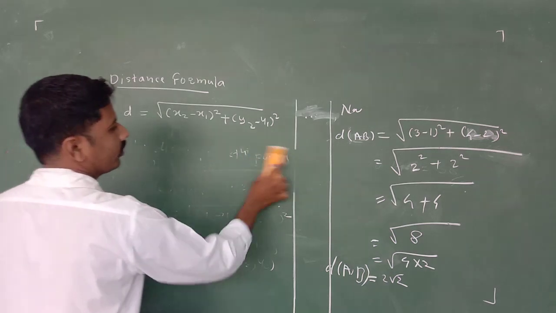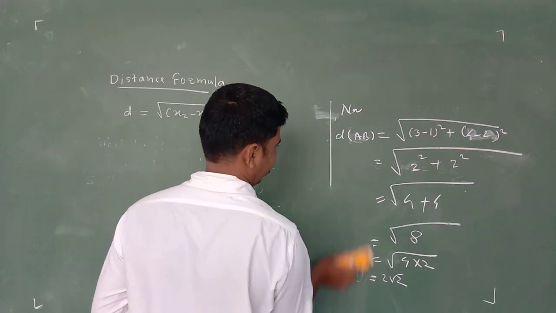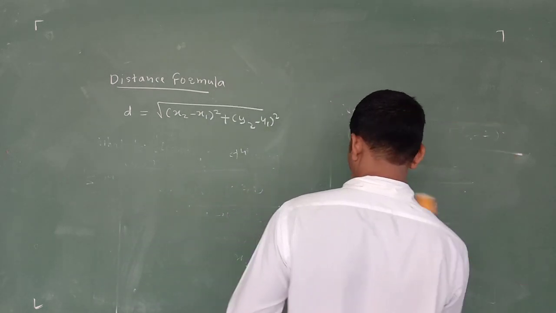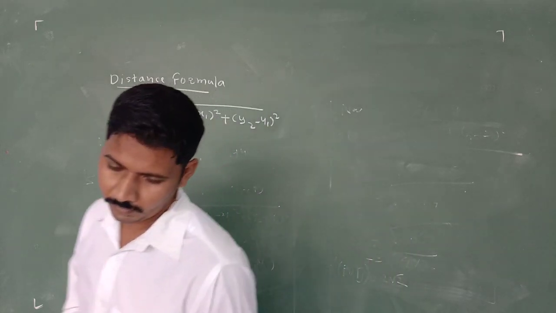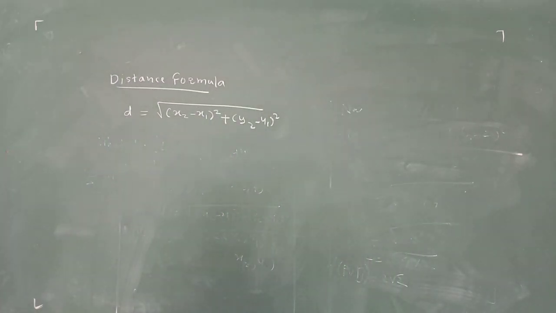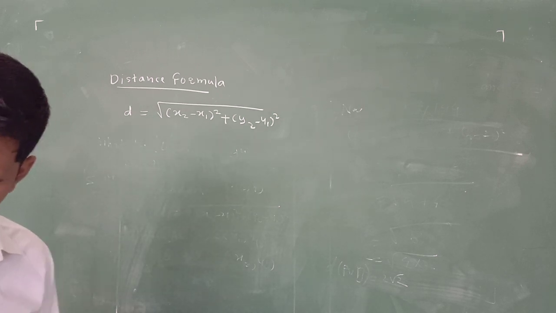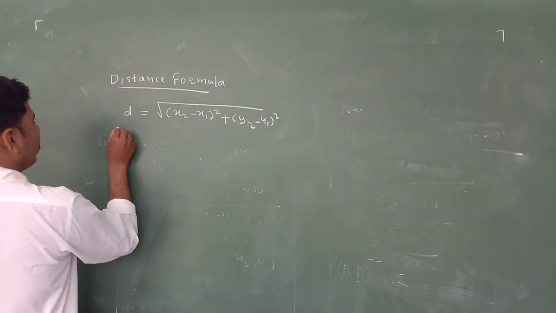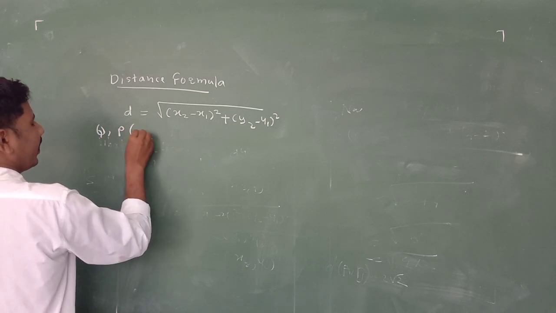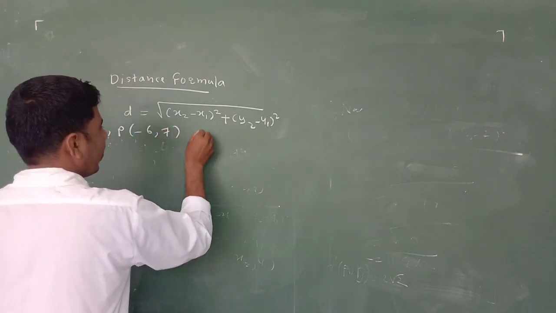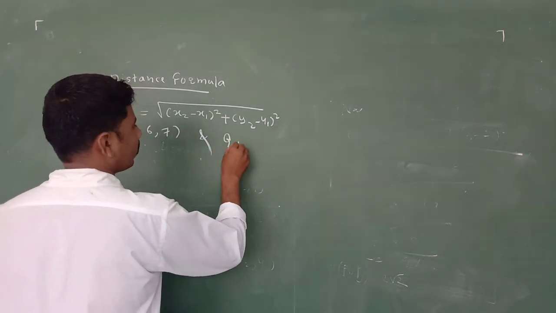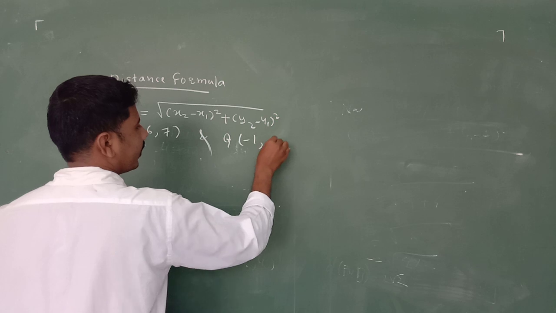So we will take a question from the book depending on this formula. Find the distance between the points P minus 6, 7 and Q minus 1, minus 5.